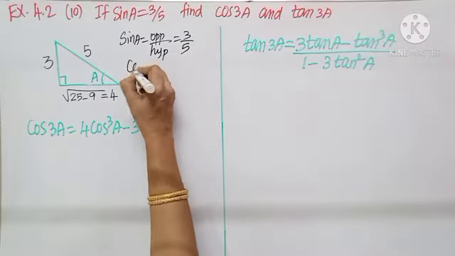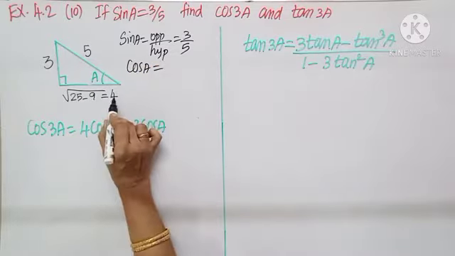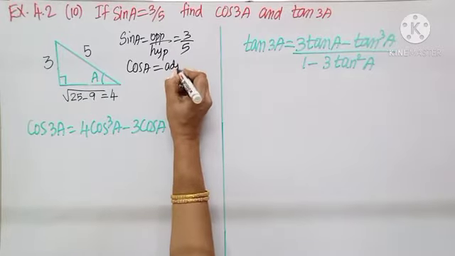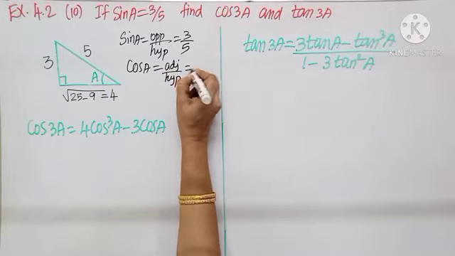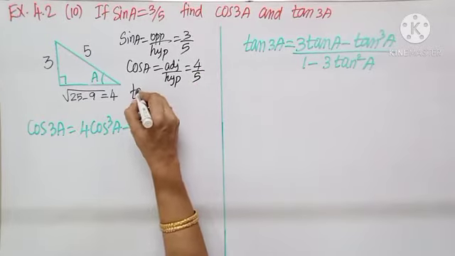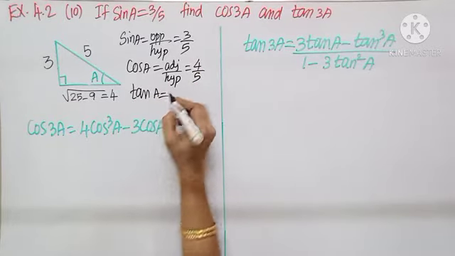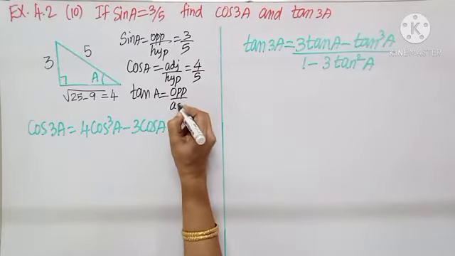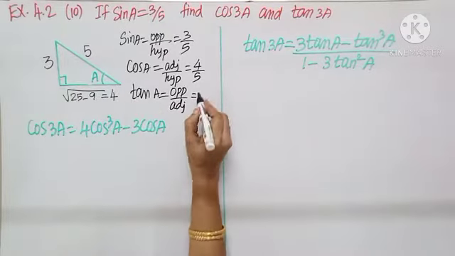So we get cos A equals adjacent by hypotenuse, that is 4 by 5, and tan A equals opposite by adjacent, that is 3 by 4.